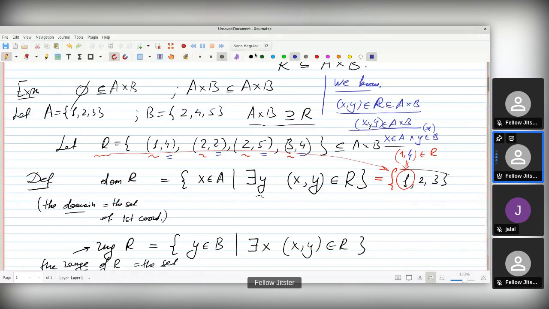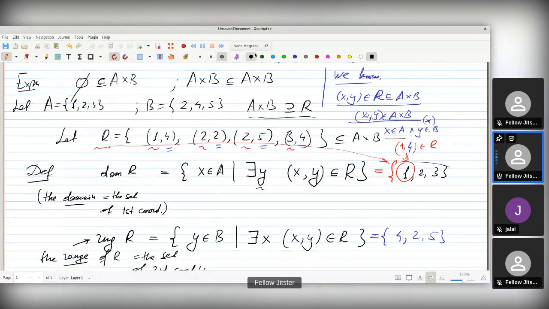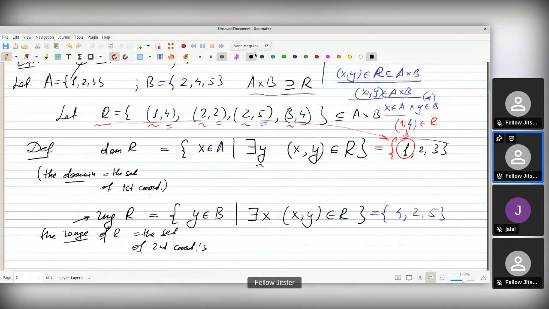Okay, and what is the range? What is the range, the set of all the second coordinates? 2, 4, 5. Yeah, or in the order of appearance, 4, 2, 5. So we have obtained these two sets. Is it clear?